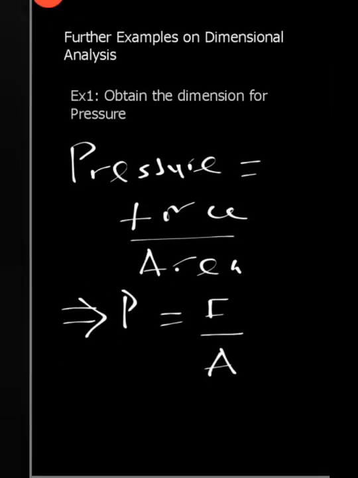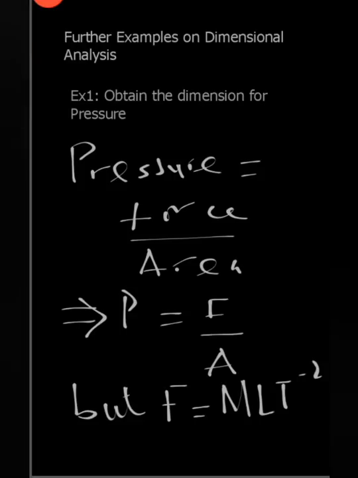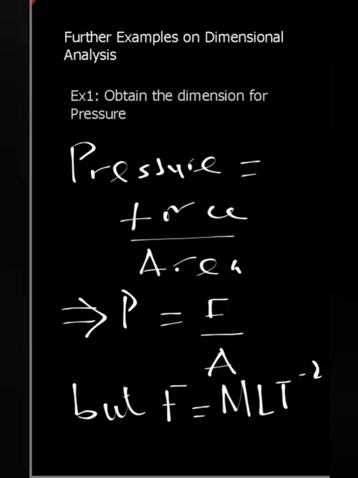So this implies that if we represent pressure with letter P, force with letter F, and area with letter A, we would have P equals F over A. But we know that force has a dimension of MLT raised to power minus 2 from our previous lecture. Area, being a derived quantity, is the product of length and length. Therefore, area will be given as L times L.